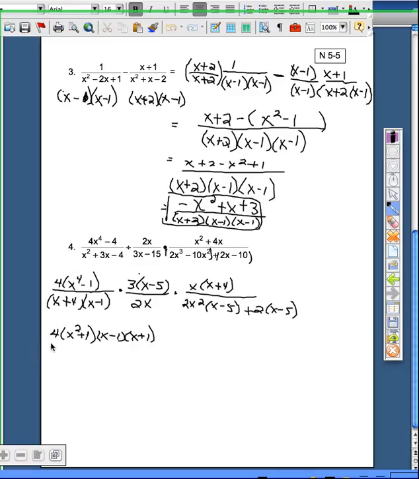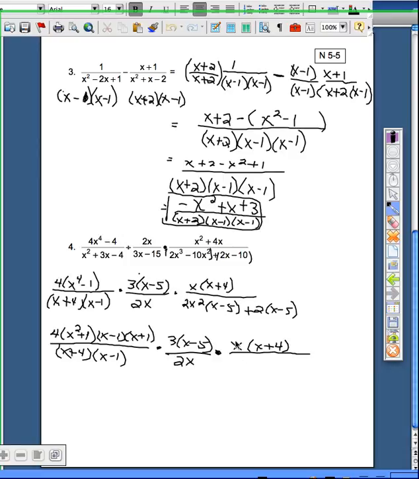Okay. And we still on the bottom have x plus 4 times x minus 1. We couldn't do any more with that. Can't do any more with this middle fraction. So we have over 2x. And this one, we'll rewrite the numerator. The denominator we'll write as factors.